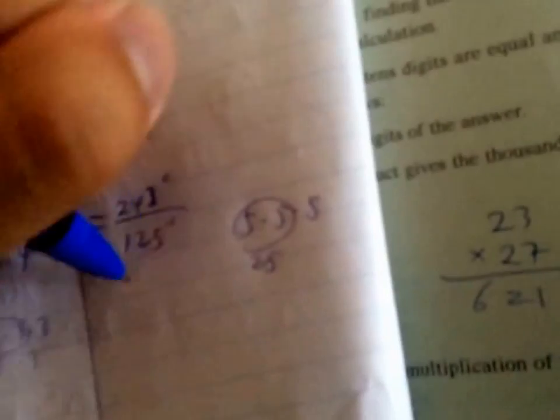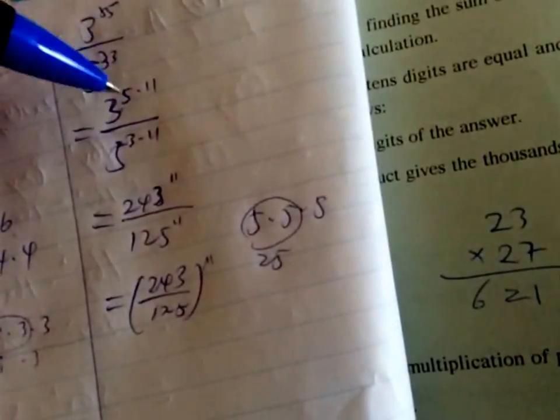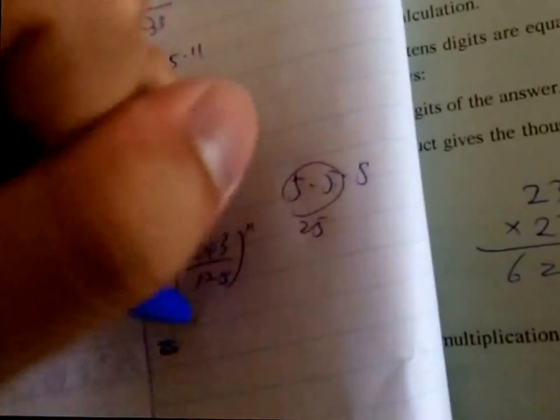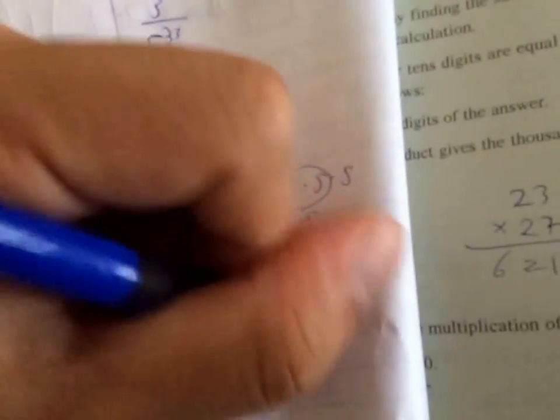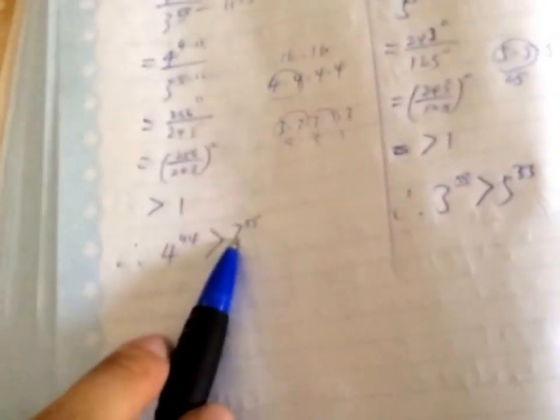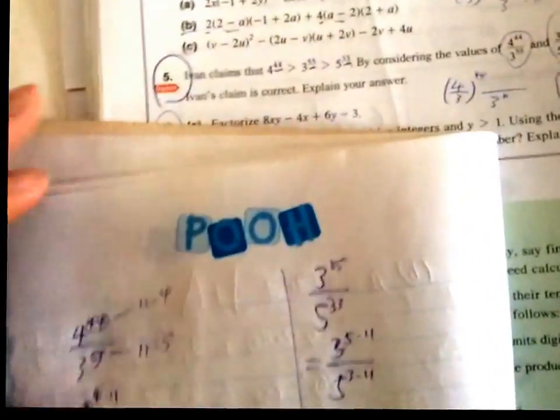This one is 243, and 5 to the power 3, it's 25 times 5 is 125. And of course it's bigger than 1 also. So this time 3 to the power 5 is bigger than 5 to the power 3. So this one is the biggest, and then this one, and then this one. So this one is bigger than this one, is bigger than this one. So Ivan is correct.